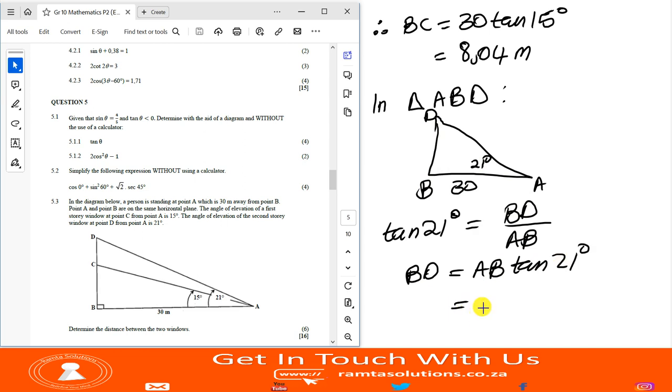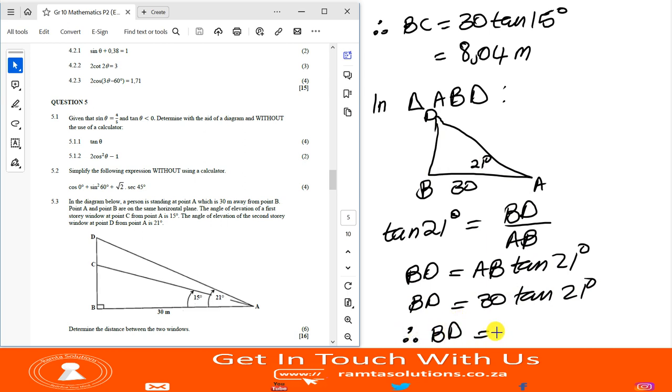Now let's substitute. AB is 30, so 30 tan 21 degrees. What do we get?